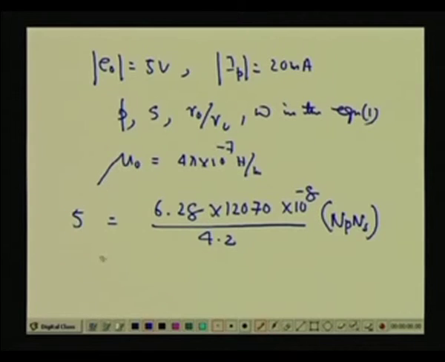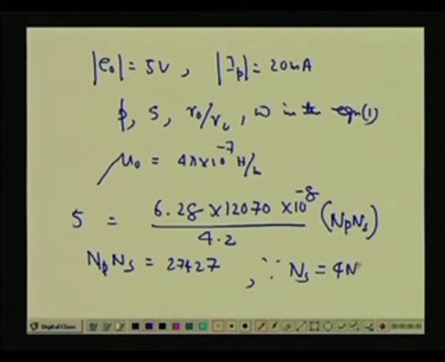Now, NP NS we will get 27427, and because NS is equal to 4 times NP, as already given, NP square I will get equal to 6856.